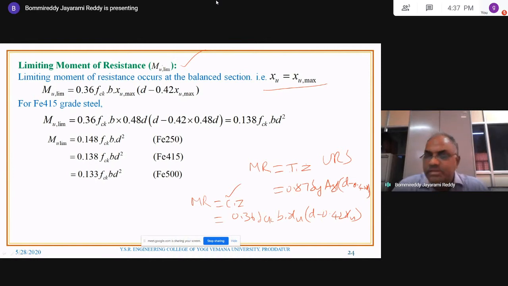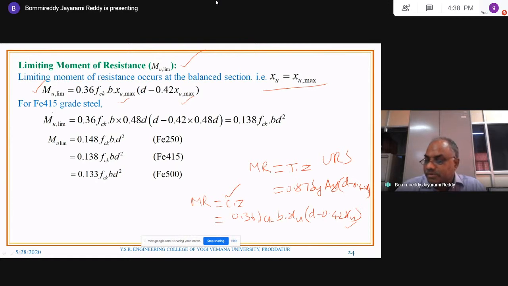Now we are calculating the limiting moment of resistance. The limiting moment of resistance will occur when the actual depth of the neutral axis is equal to the limiting depth of the neutral axis. So in this case, Mu,lim equals 0.36 fck b xu, and wherever xu is there, put xu,max. Again, in d - 0.42 xu, here also you use 0.42 xu,max.